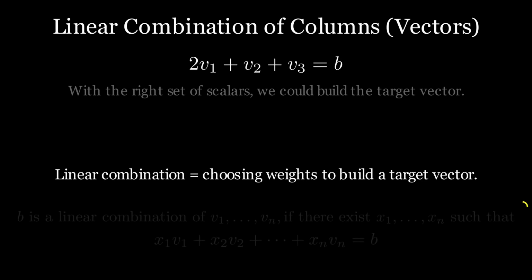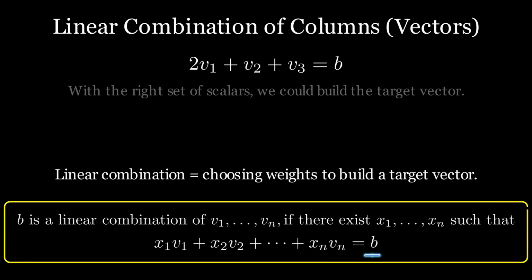And more formally, we say that B is a linear combination of vectors v1 through vn if we can scale these vectors by numbers x1 through xn and add them all together to get vector B. So at the end of the day, solving a linear system really comes down to one question. Can we build B from the columns of A?